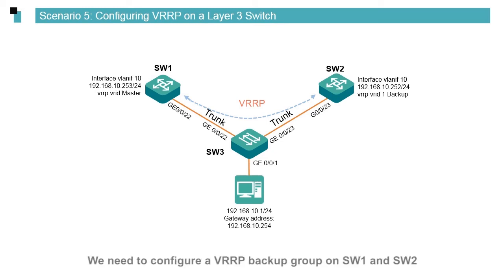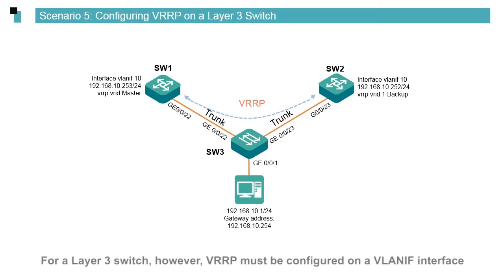We need to configure a VRRP backup group on SW1 and SW2. Normally, SW1's VLANIF 10 is in the master state. As we previously mentioned, VRRP is configured on a router's interface. For a Layer 3 switch, however, VRRP must be configured on a VLANIF interface.